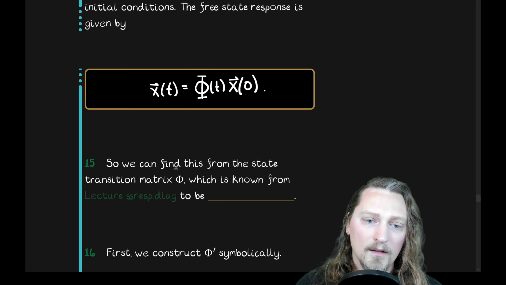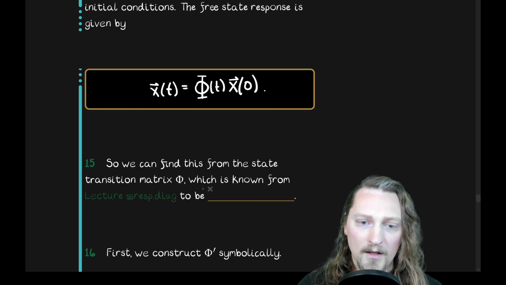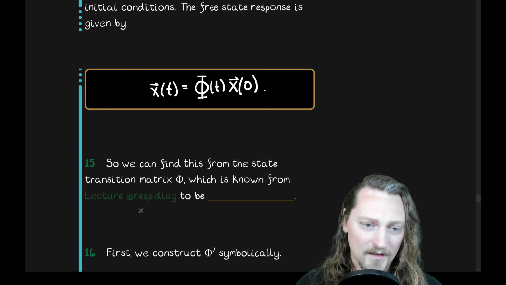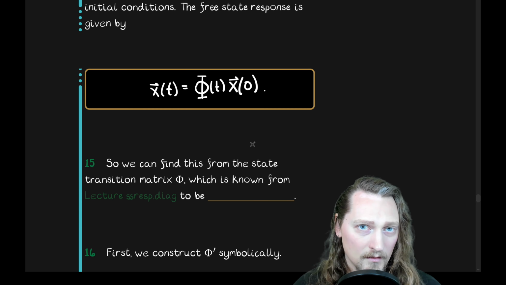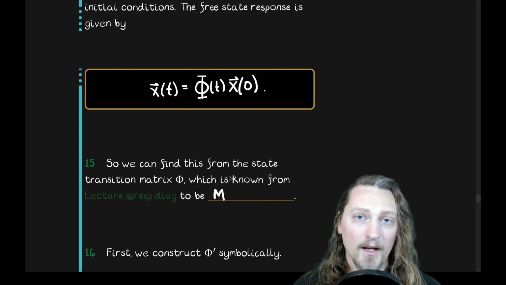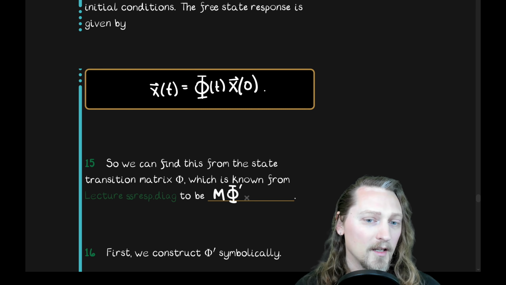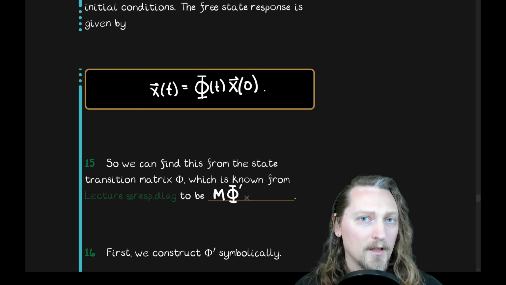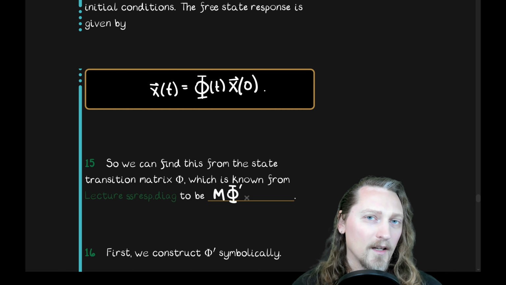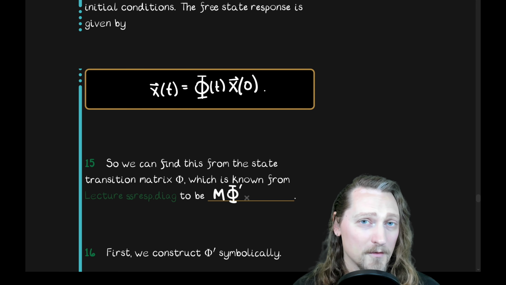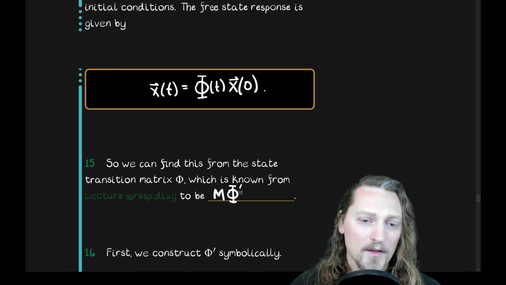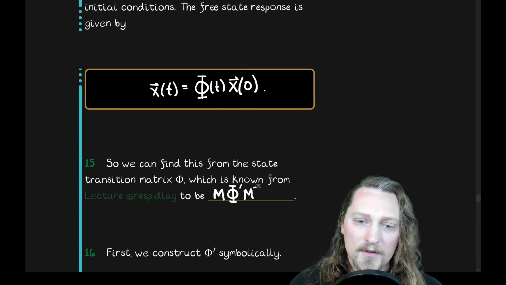We can find the state transition matrix Phi, which is known from lecture, the state space response in the diagonalizing basis, to be the modal matrix of eigenvectors, which we already computed, times the state transition matrix Phi prime, in the primed basis, meaning the basis that is diagonalized via a specific basis transformation of the original state space, times M inverse.